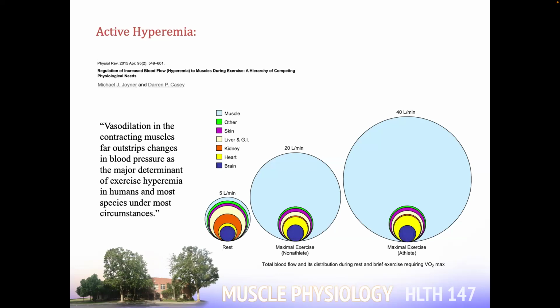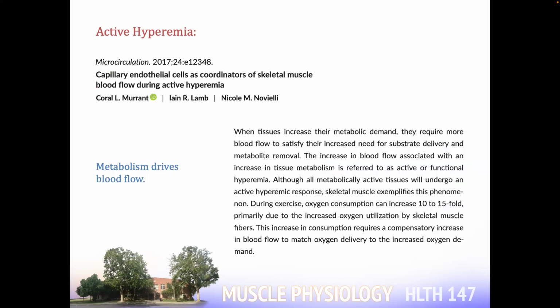It's blood vessels opening up to send more blood to those muscles. And what really determines blood flow is metabolism. So, like during a back massage, the masseuse's hands are experiencing greater increases in blood flow than the client's back.